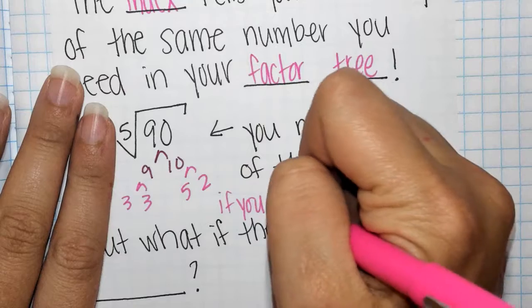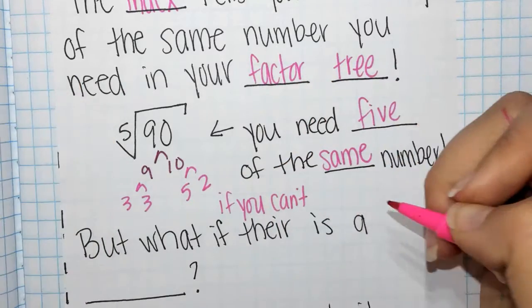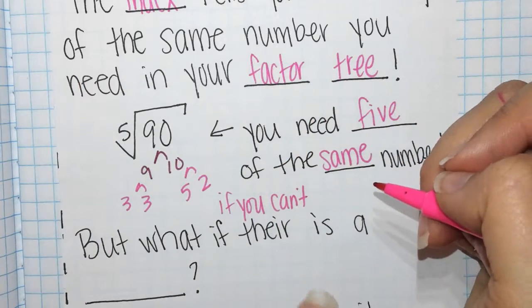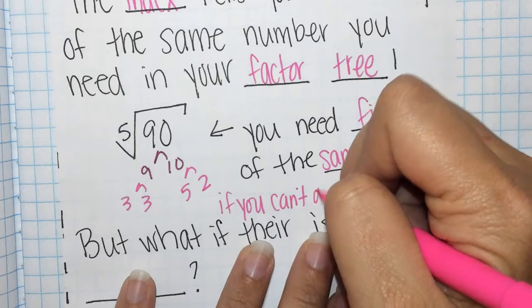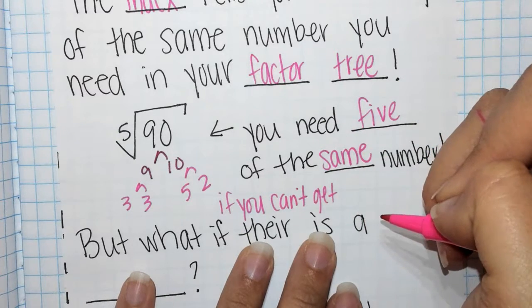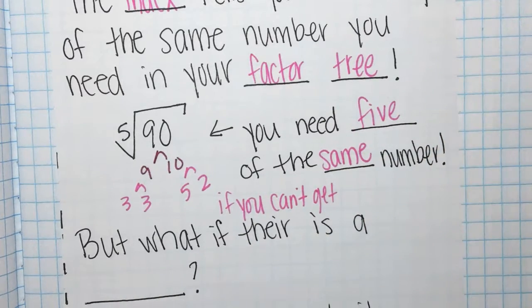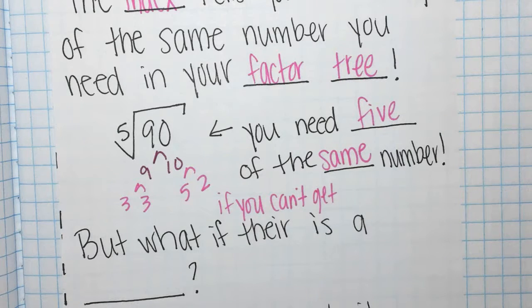18 times 5 is 90. But would you get 5 of the same number? No. That's 18 times 5. If you had 5 18s, that would be 18 to the 5th power. But I like where you were going with that.